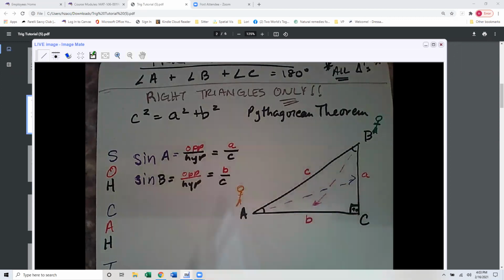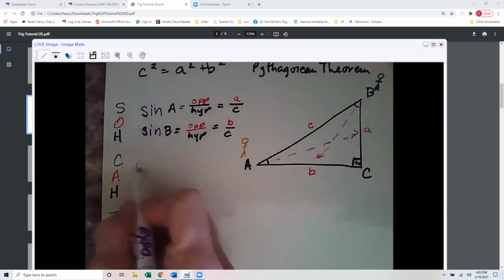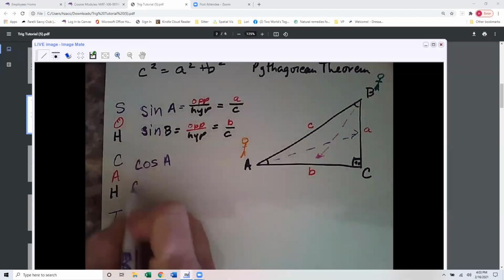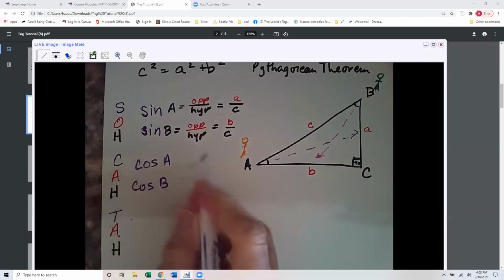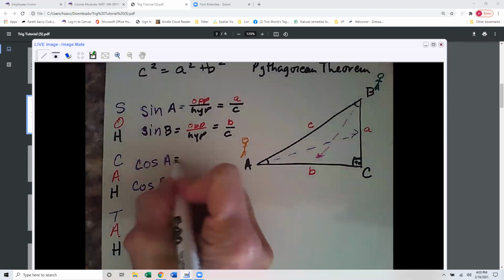All right, if we can do that, then we can totally do cosine, because cosine works pretty much the same way. For cosine, I have the same situation. I have cosine of A and cosine of B, so I have both angle A and angle B again. So I just change perspective.